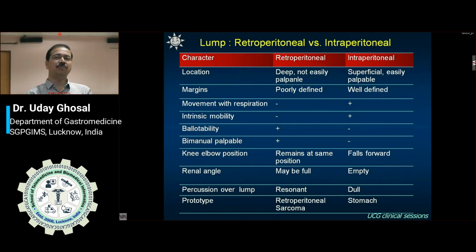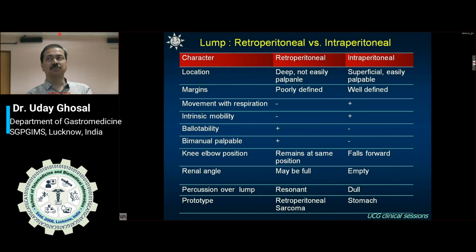So palpate the lump while the patient is lying down. Then ask the patient to be on knee elbow. Again palpate and see, did the lump fall forward? If it is falling forward, it is an intraperitoneal lump. If it is not falling forward, it is not an intraperitoneal lump. It is likely to be a retroperitoneal lump.